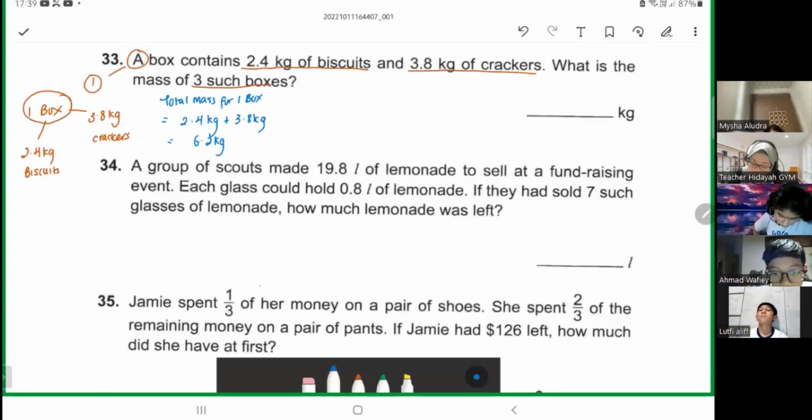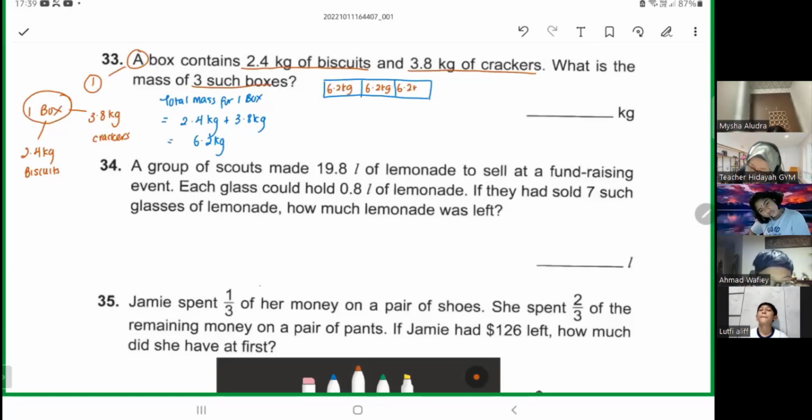No, they want 3 such boxes. So if you were to draw a model, you can see like this. 1 box is 6.2 kg. I have 3 boxes. What is the total mass? What do I do? 6.2 kilogram times 3.